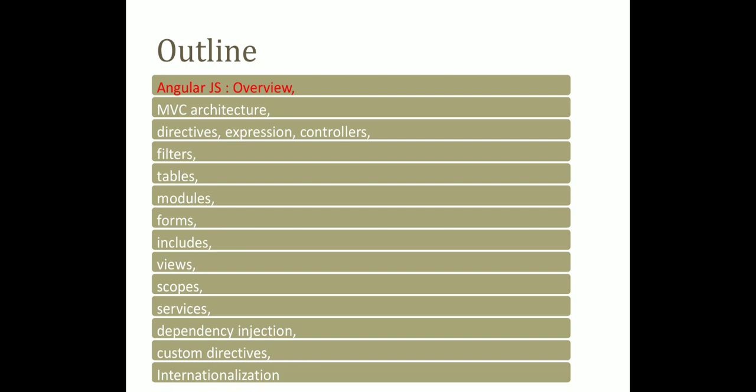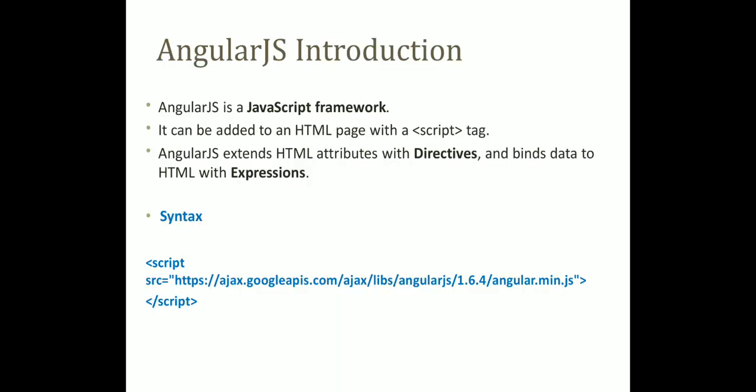There are so many contents, and they also show how important AngularJS can be, because most of the contents you are reading here are very new to you. You have used a few of them, like forms, includes, views, filters, tables, in previous languages as well, but this is a much extended version of your previous scripting languages. So we'll start with the AngularJS introduction.